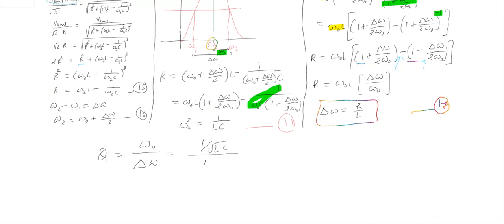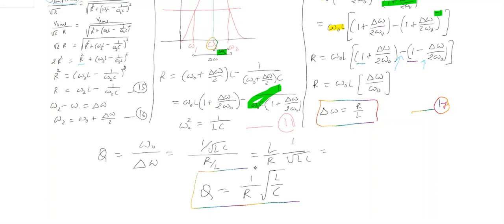What is delta omega? R by L. So rearranging the terms, I get L by R times 1 by root LC. And on simplification, you will get Q to be 1 by R under root L by C. This is the expression for quality factor of the LCR circuit, and it is applicable for the resonance condition.